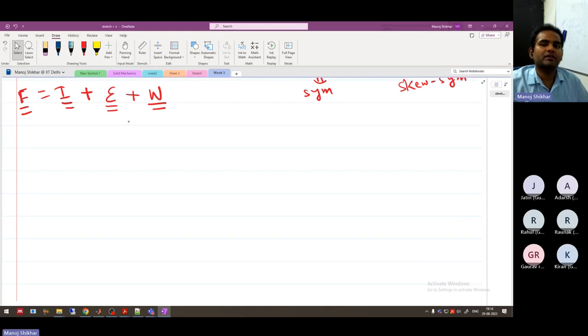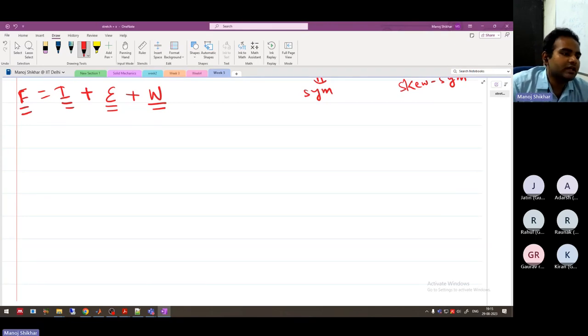W is a skew symmetric matrix, so its diagonal terms will be 0. And we can also think of W as denoting the angle of rotation as well as the axis about which we are rotating the body.